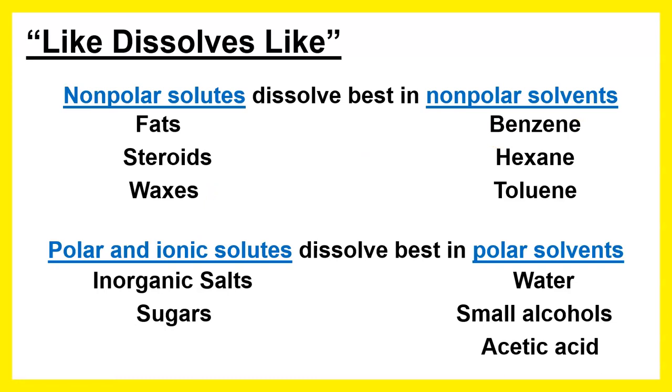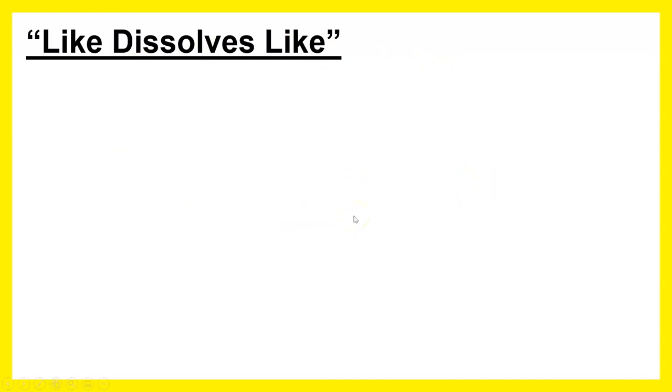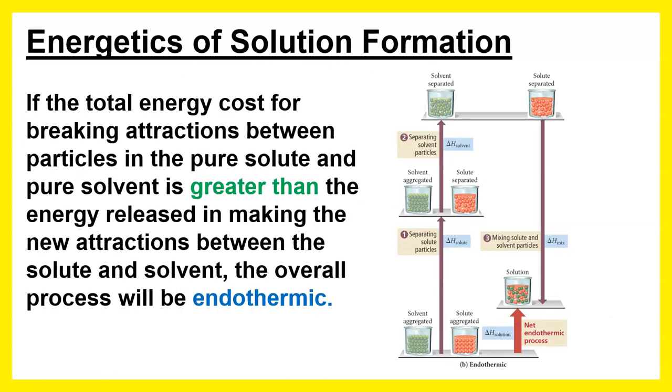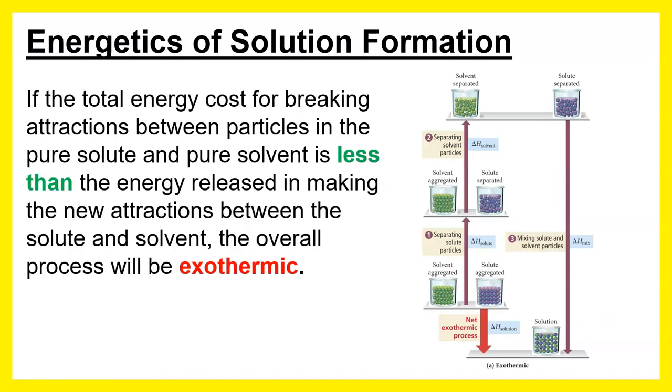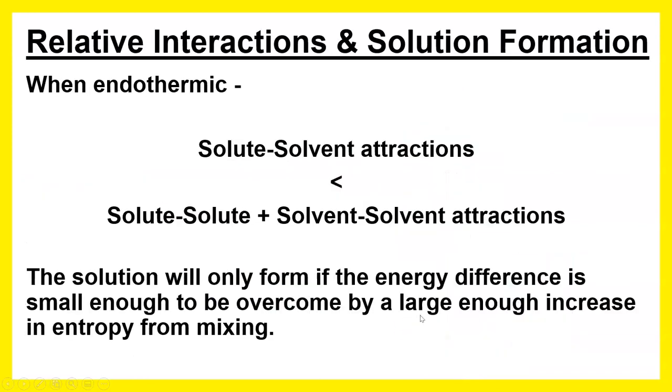And one of the things that you should start being able to do is go a bit further than like dissolves like. That's a great way to remember it, but I want you to start talking about the fact that the reason these happen, let's go backwards a few slides here, has to do with this overall process. Spreading things out and then mixing them together. Do we have a net exothermic, net endothermic?